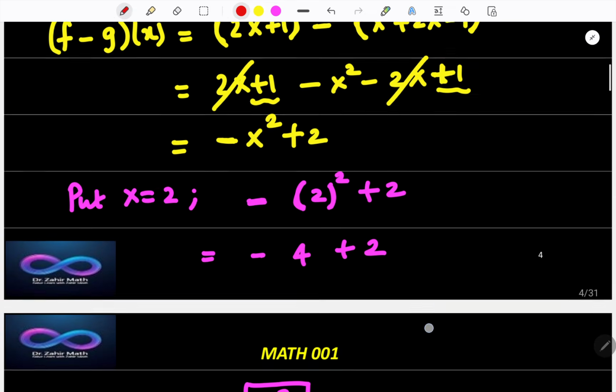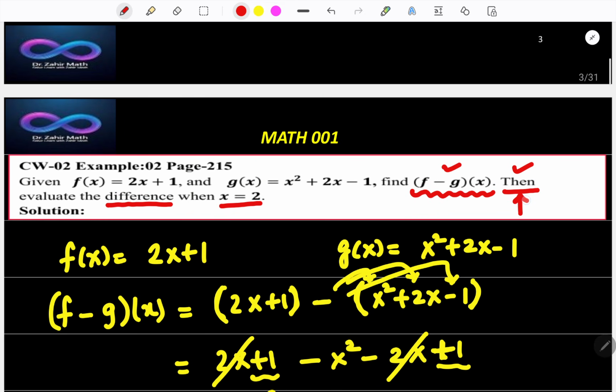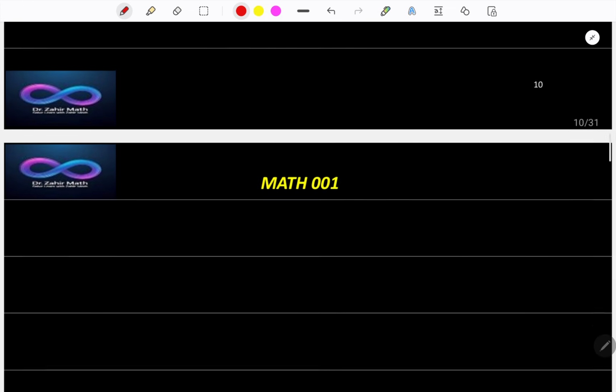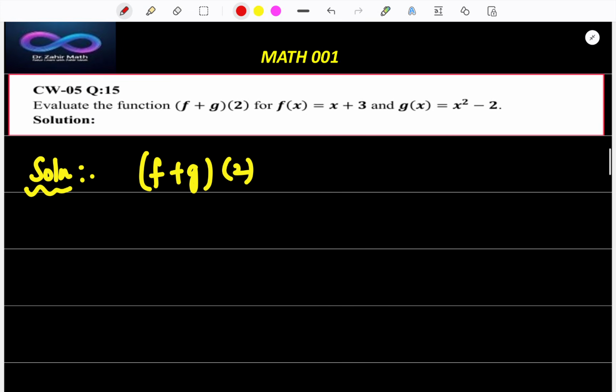In all the questions you can see then evaluate. But here it is not like that. The question is directly given f plus g of 2. So it means what? This is equal to f of 2 plus g of 2. How, teacher? F of 2 and plus g of 2.